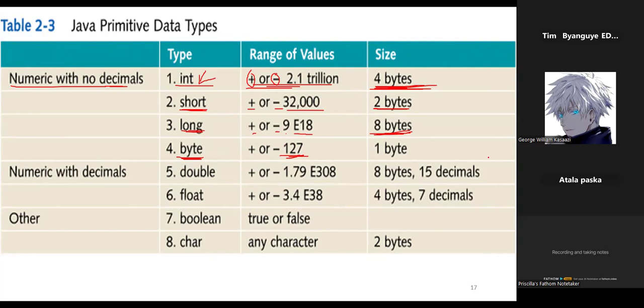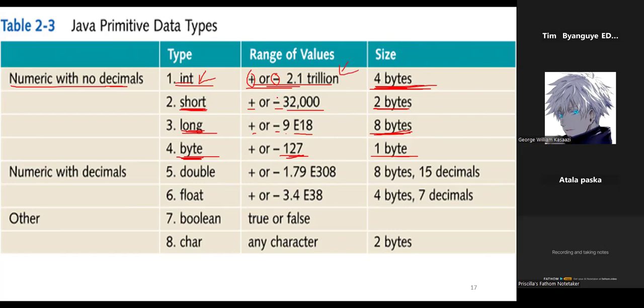It is the equivalent of 1 byte. Now, if you wanted to order them, you would start with byte, short, int, long, in ascending order of the size that they store, but also the same as with the range of values that they can contain.